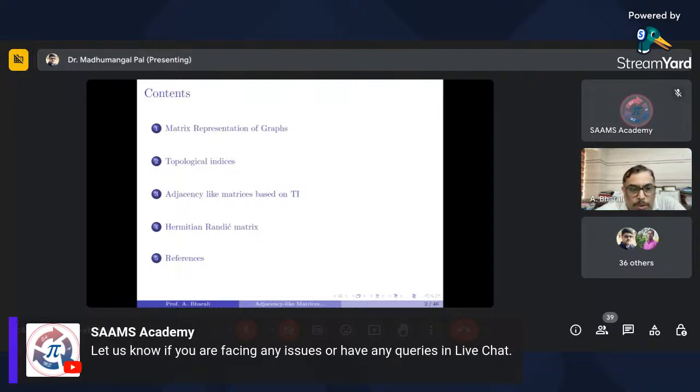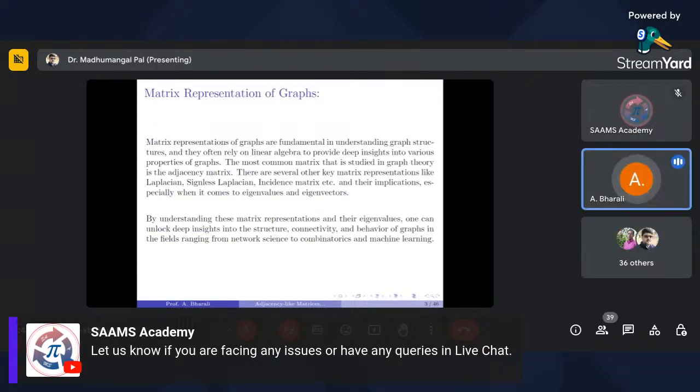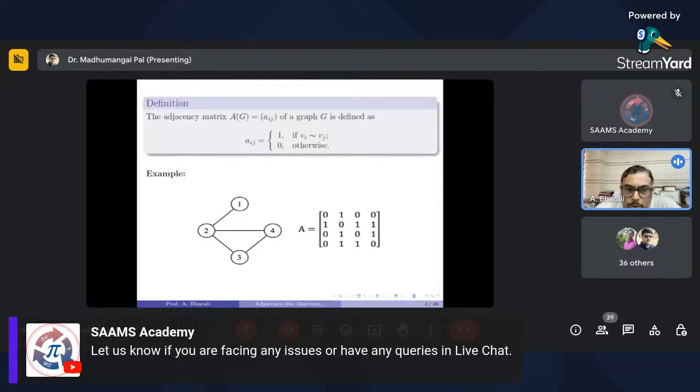Now, with the study of topological indices, there comes the question of defining matrices which are analogous to the traditional adjacency matrix and which can represent the spectral property of a particular topological index.